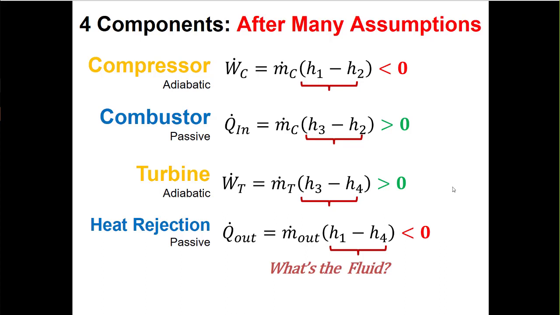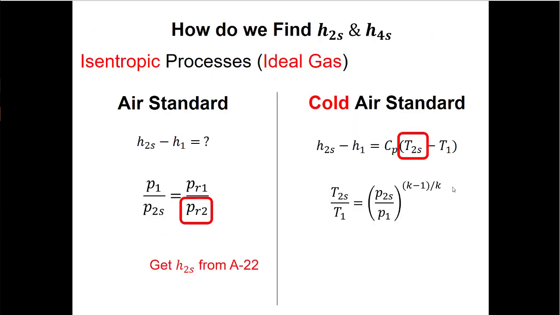And then once we have these expressions, we can sum these back into, say, how do we find the thermal efficiency, right? So we find the net power and we find all the heat in. But here's the trickiest part, right? We need to find where the processes are isentropic. Because where they're isentropic, we're going to have to use these isentropic relationships.